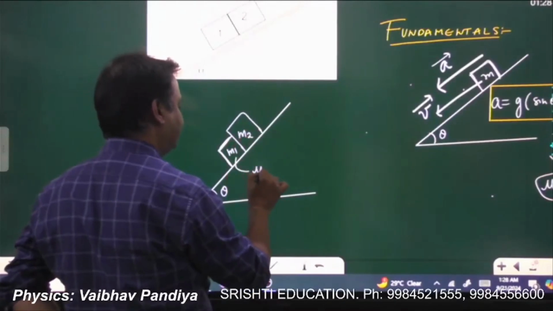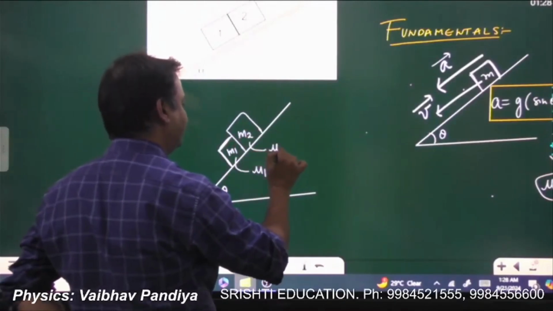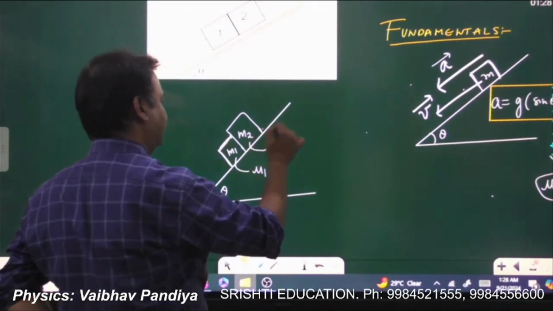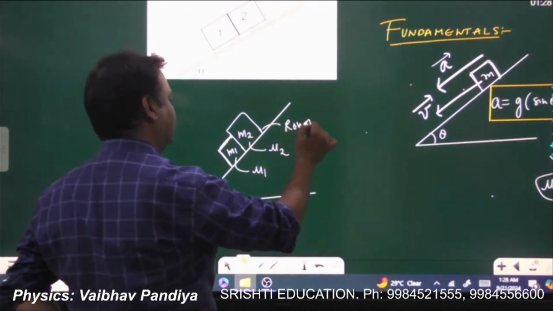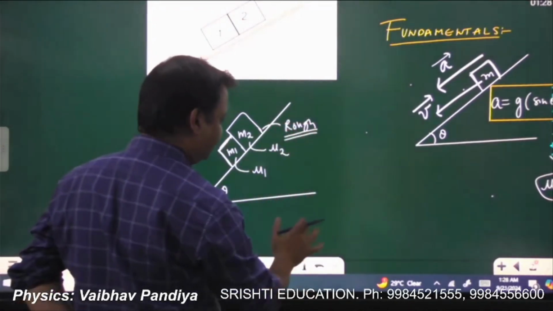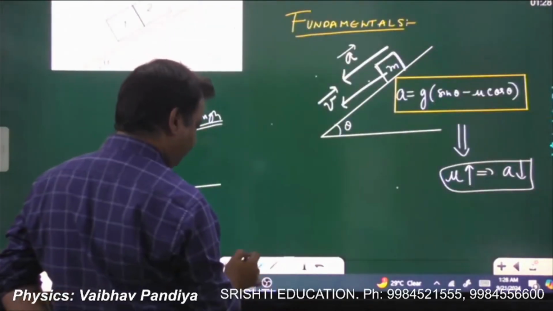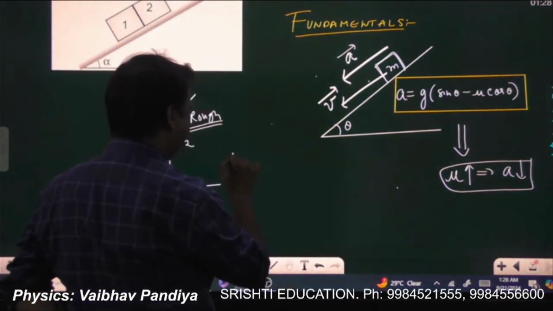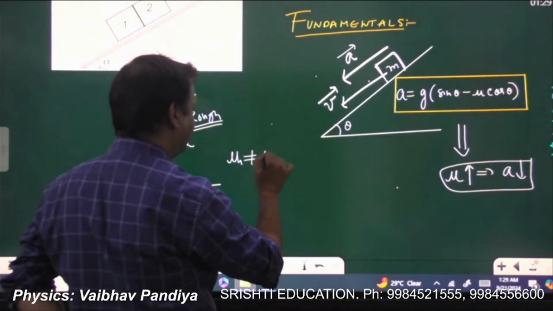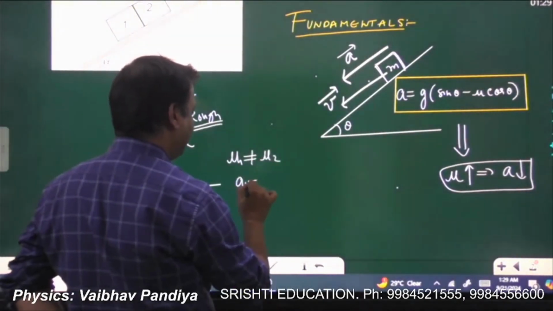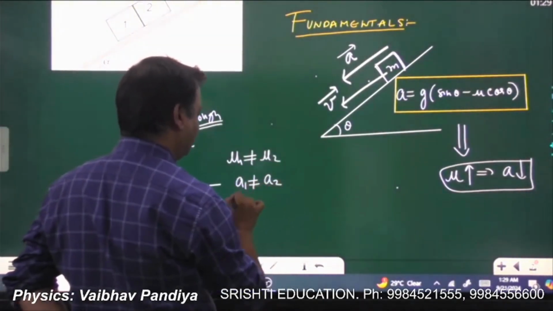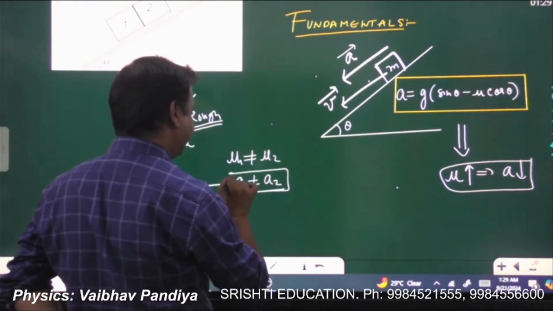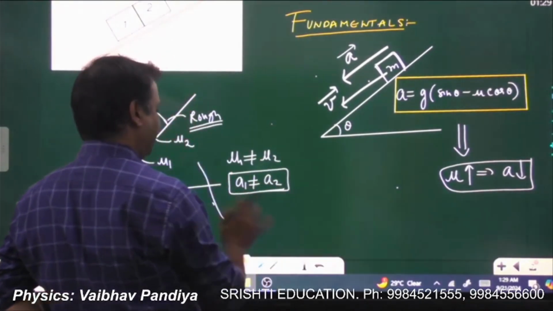Here the coefficient of friction is mu1, and here the coefficient of friction is mu2. And of course this is a rough surface, then only mu will be non-zero. Now if mu1 is not equal to mu2, both blocks will have a tendency of different acceleration to come down the inclined surface, correct?